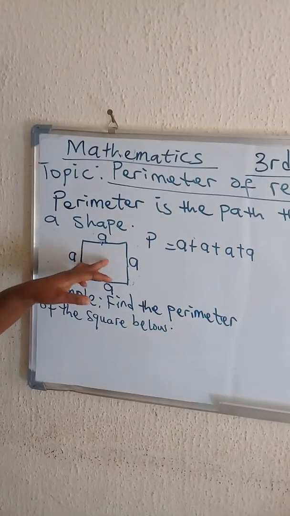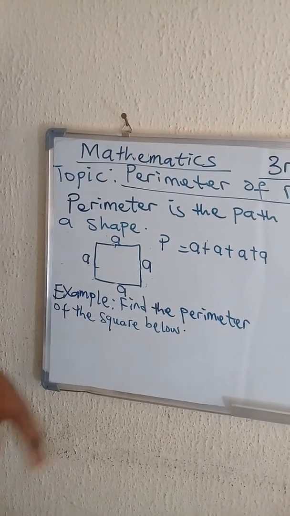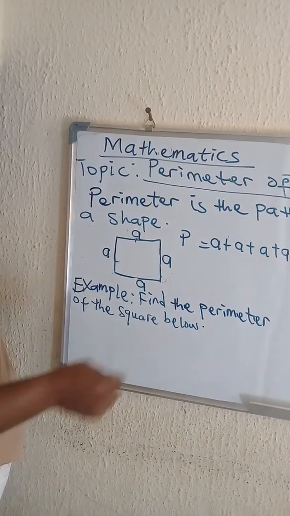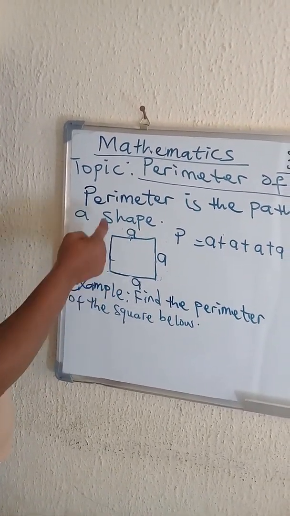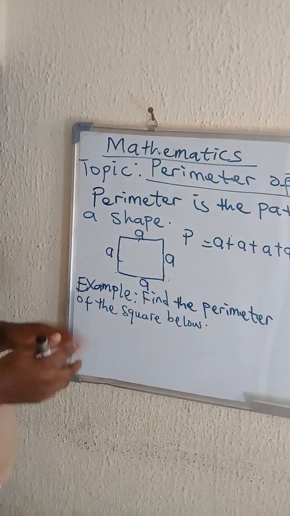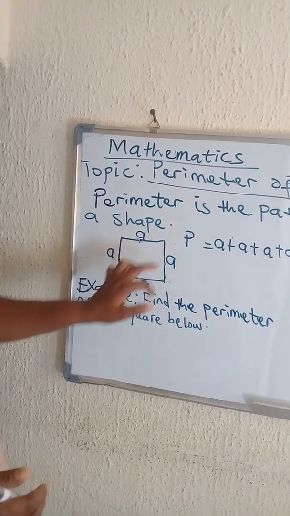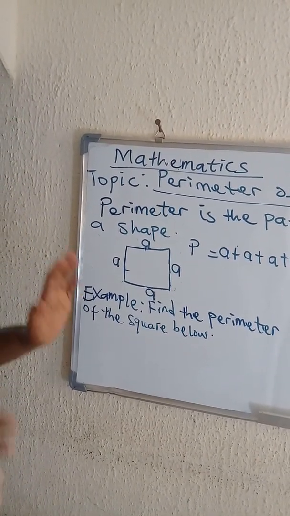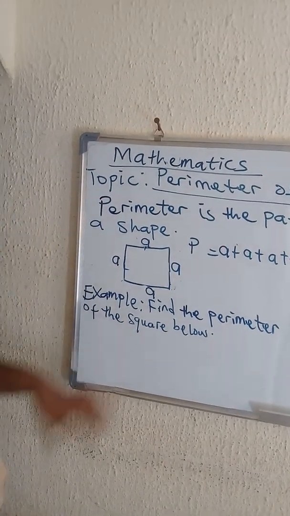Now this is the example of a square. I told you that a square is a shape that has four sides, and all the four sides are equal. This side, this side, this side, this side, they are all equal. That is what we call a square.